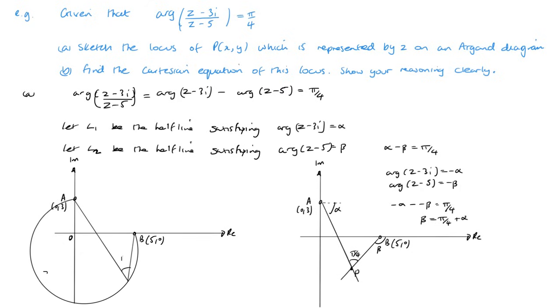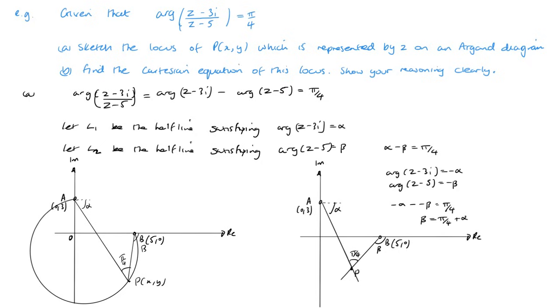Where this is pi by 4 and this is beta and this is alpha. Okay, so that's what I've got. This is P, and it's an X and Y coordinates.